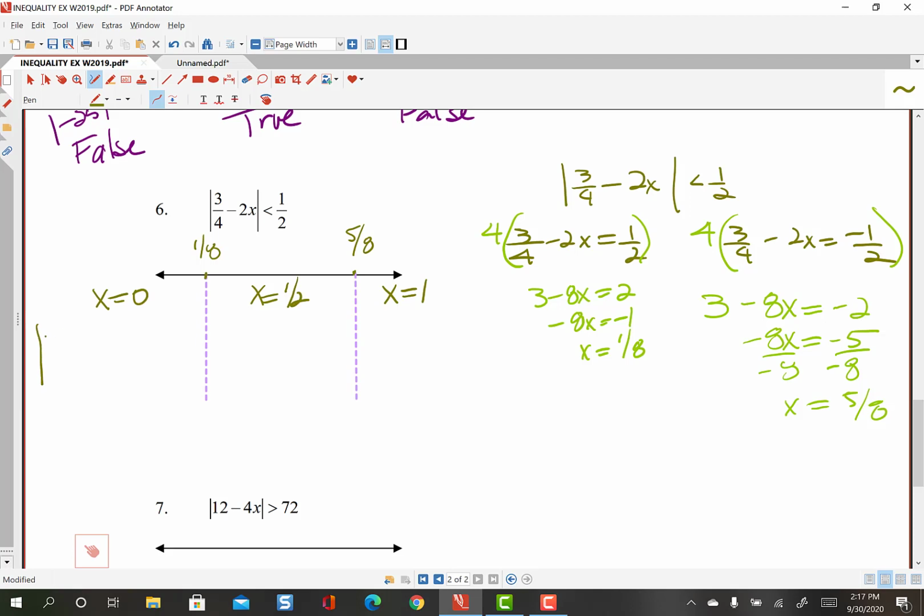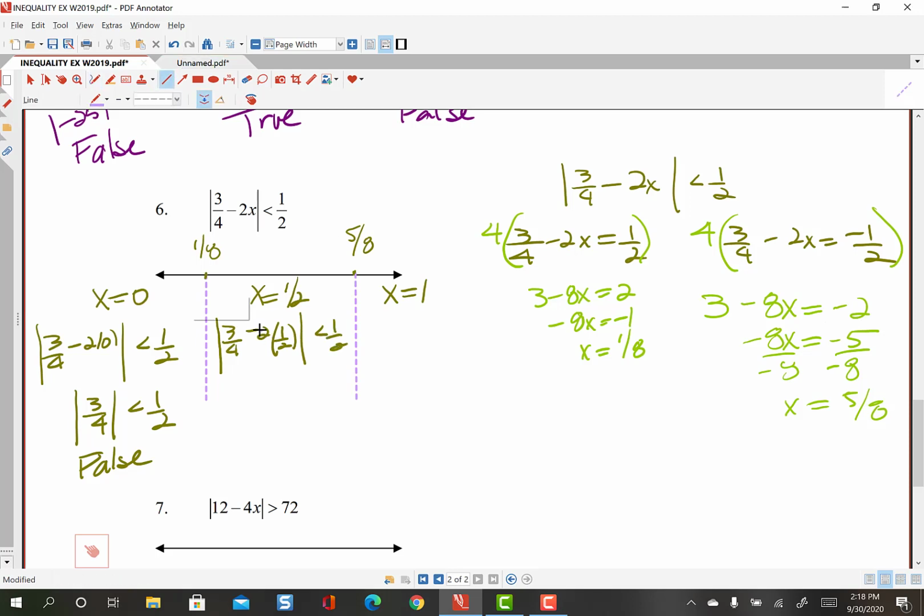So here I'm going to have the absolute value of 3/4 minus 2 times 0 is less than 1/2. So I have the absolute value of 3/4 is less than 1/2. 3/4 is actually larger than 1/2, so this is going to be false. Now here in the middle, I'm going to have 3/4 minus 2 times 1/2 is less than 1/2.